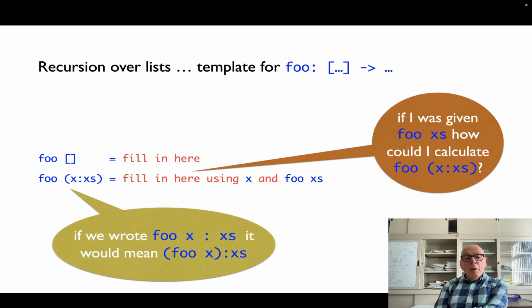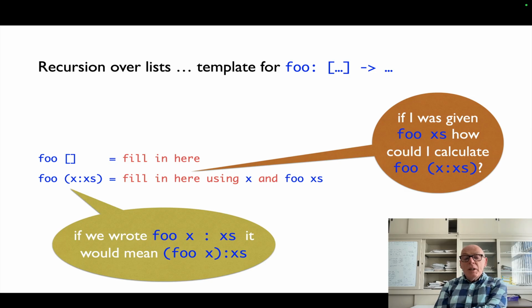Or before that, sorry, a piece of notation, piece of syntax. When we're writing x cons x's in a function application, we need to put the x cons x's in parentheses, because otherwise the function application would bind to the x and it would mean foo of x, cons x's, rather than foo of the whole thing x cons x's.